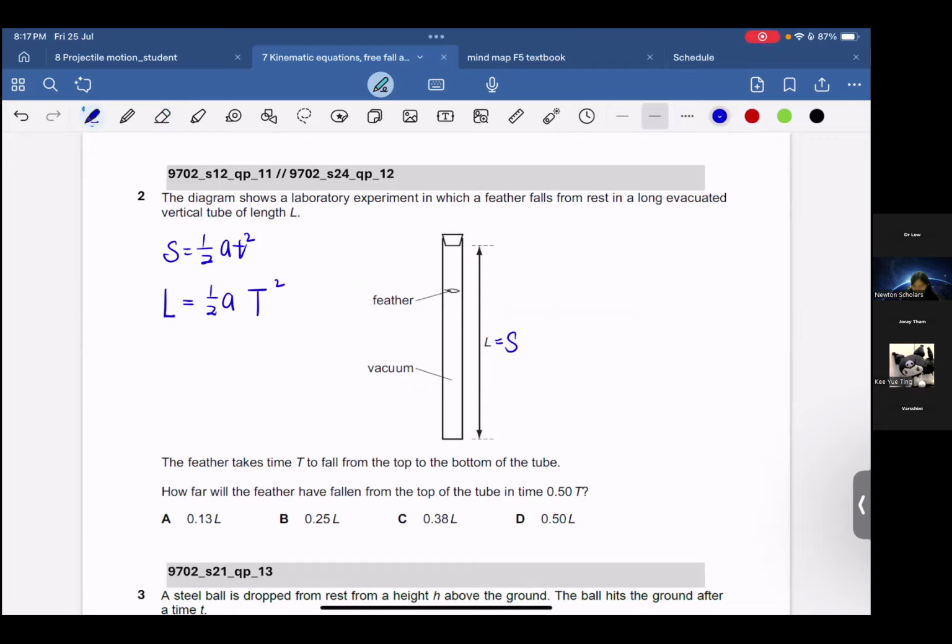Now they tell you how far, that means a new distance. What is your new distance when the time is 0.5 T?